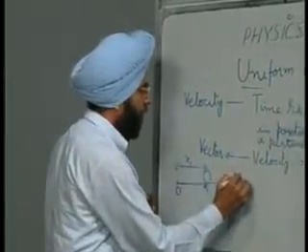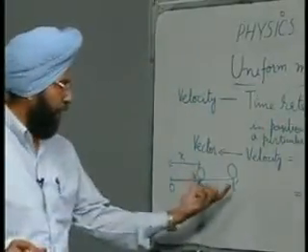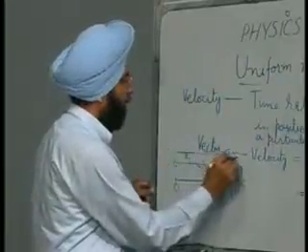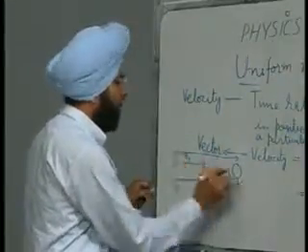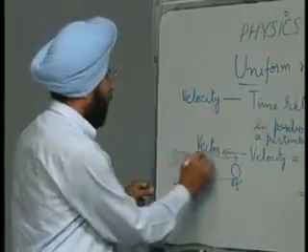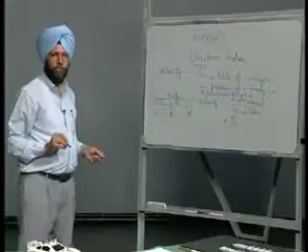After time, in time t dash, the same body has moved to another position B. So, now the distance travelled is x2.